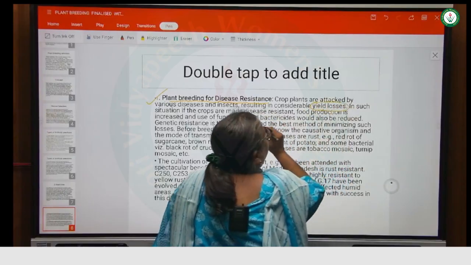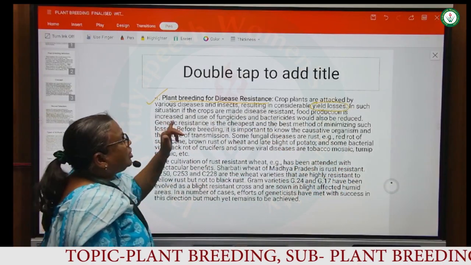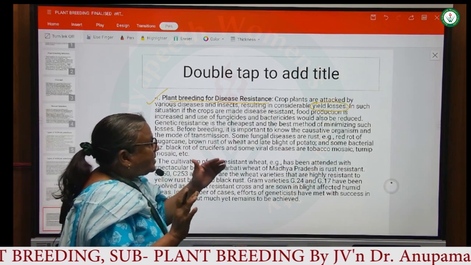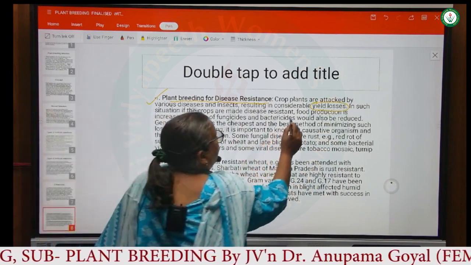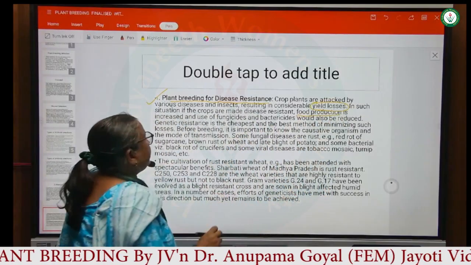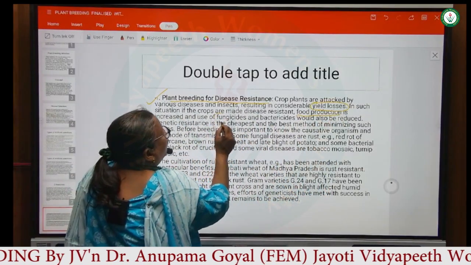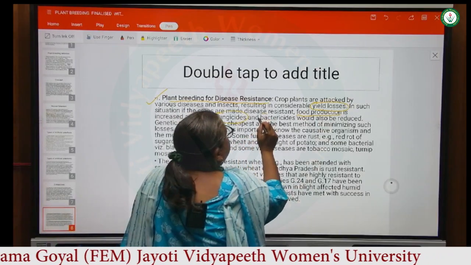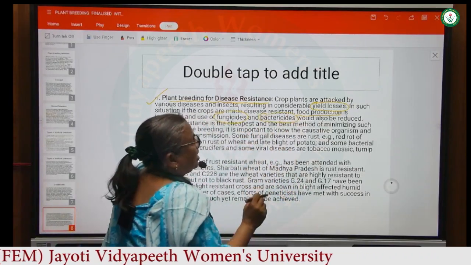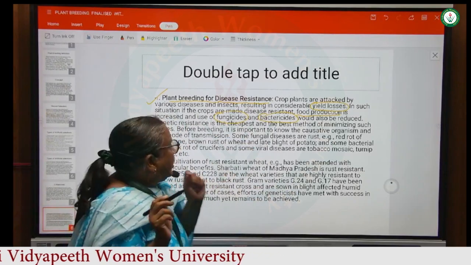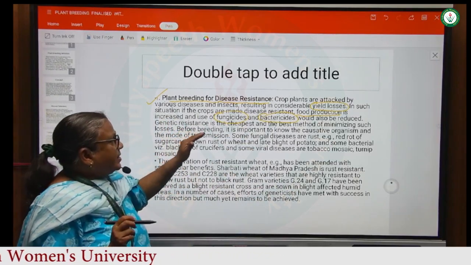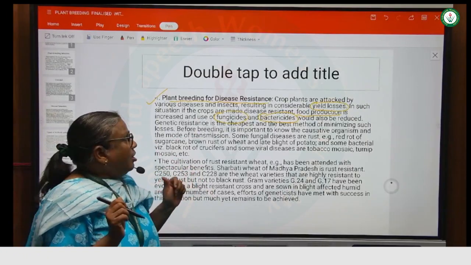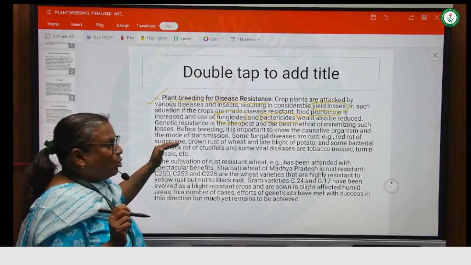So when there are yield losses, the crops are made disease resistant and food production is increased, and the use of fungicides and bactericides would also be reduced. So genetic resistance is the cheapest and the best method of minimizing such losses.